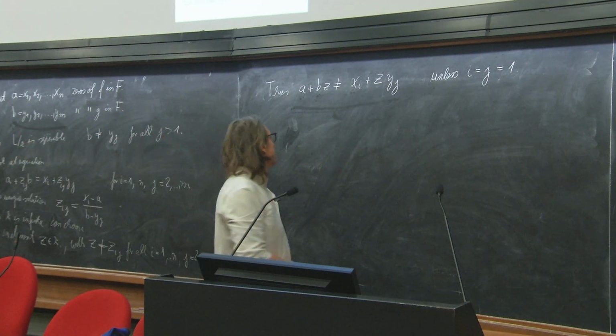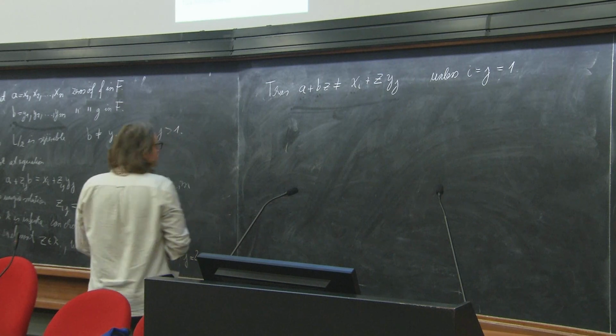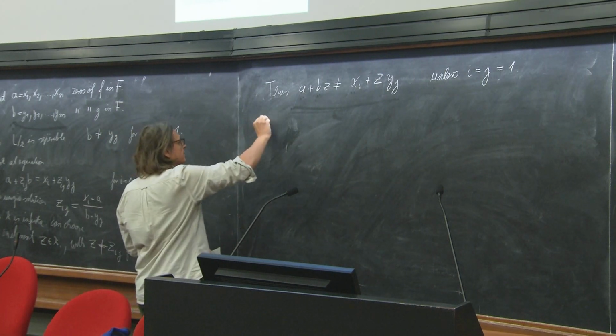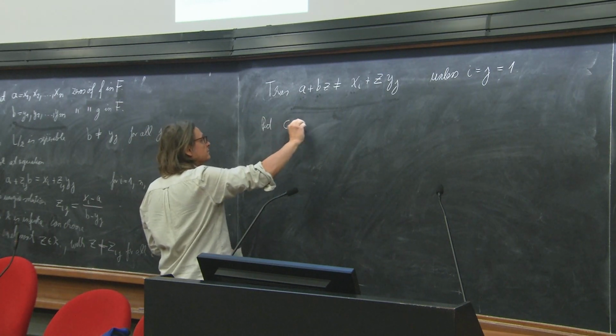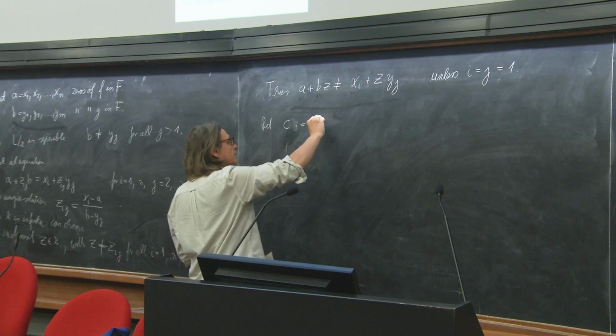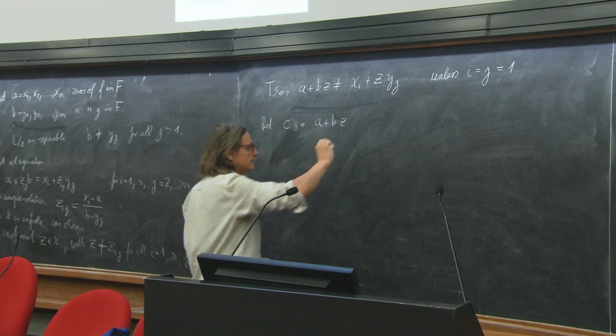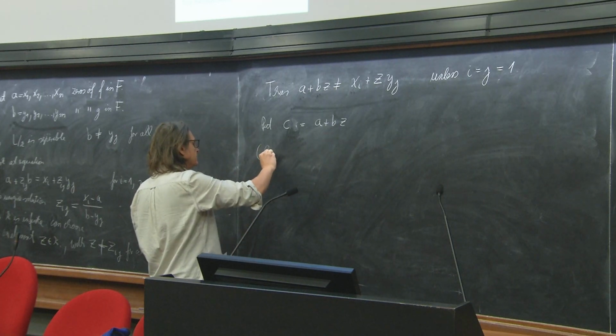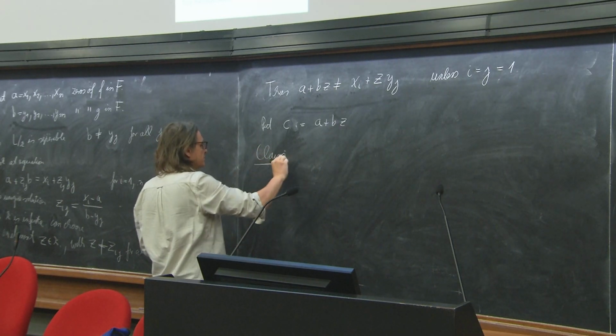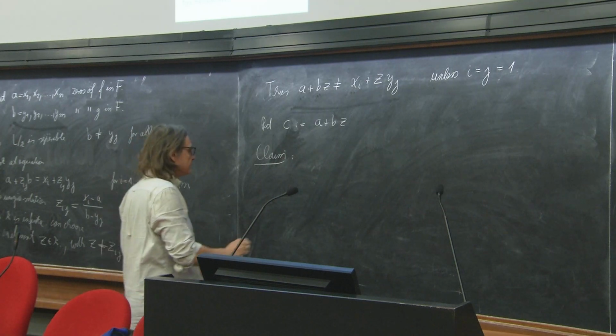Okay. And now the claim is, if we put c equal to a plus bz for this choice of z, that K(a,b) equals K(c).